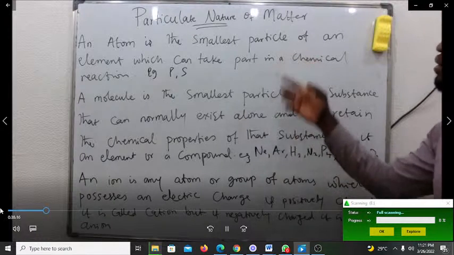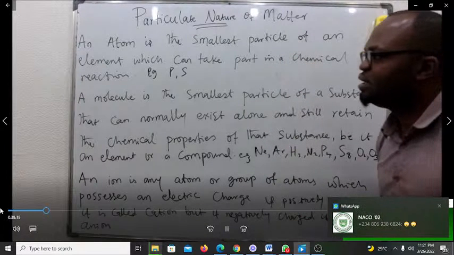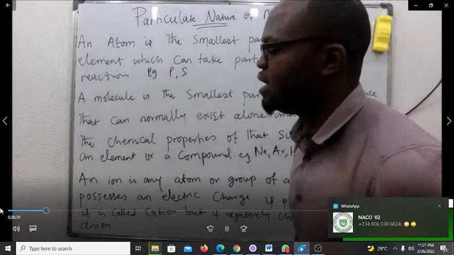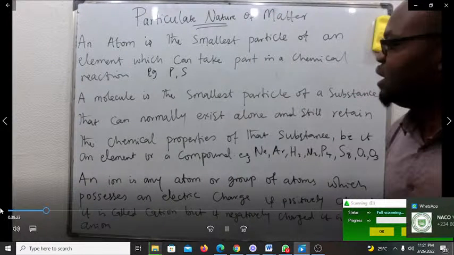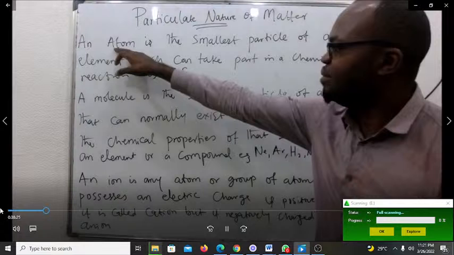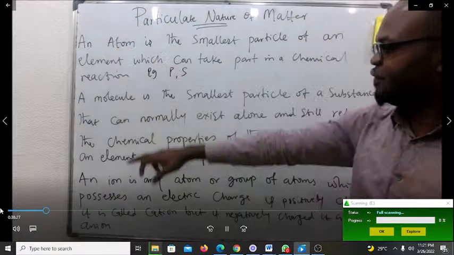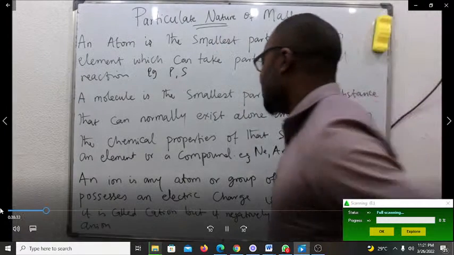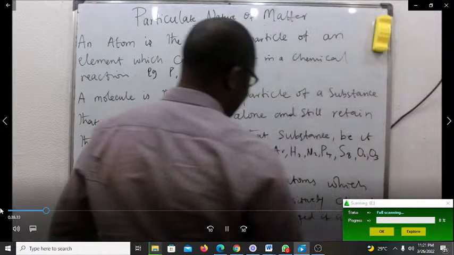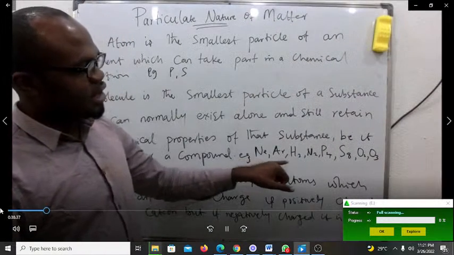Take down the notes so that you can easily understand in future when you go through it. Now, these 3 are the major discrete forms that matter can exist in. Very, very important. Atomicity is simply the number of atoms in one molecule.